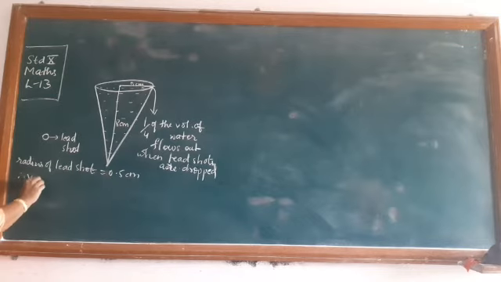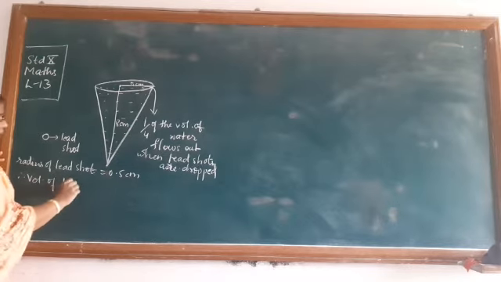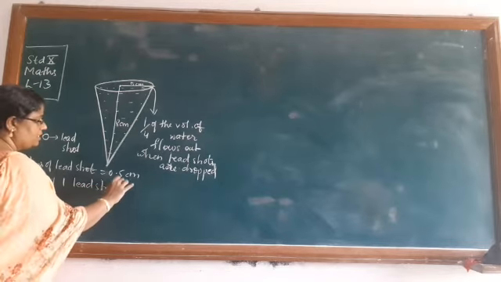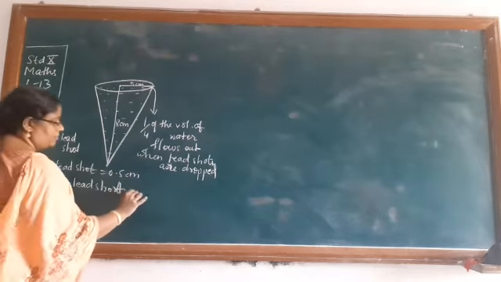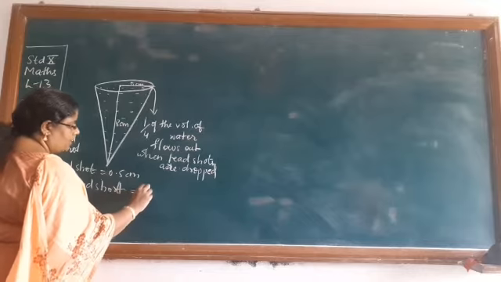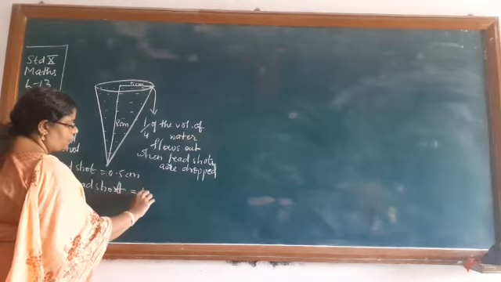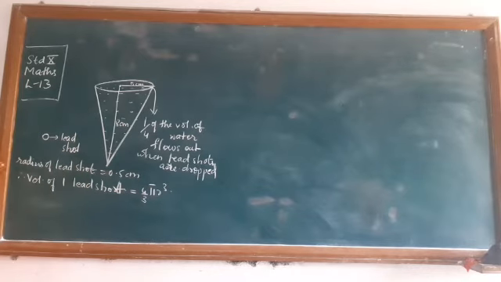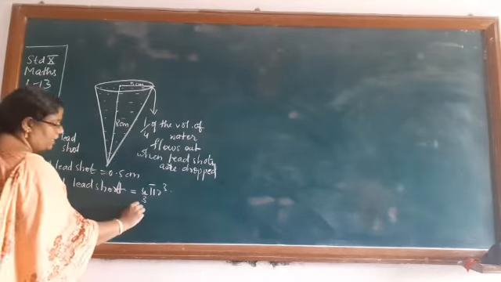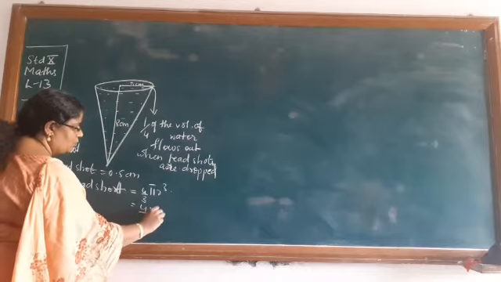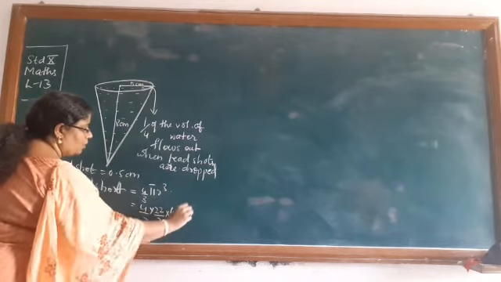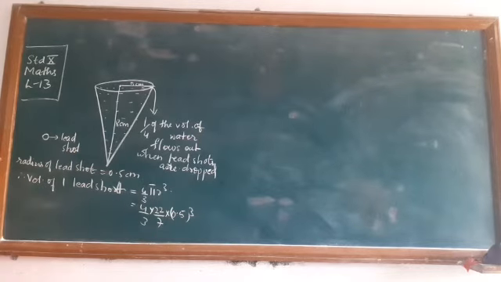Therefore the volume of one lead shot, since it is a spherical solid, we have the volume of the sphere as 4/3 pi r cube. Okay, one lead shot का इतना होगा, that is 4/3 into 22/7 into 0.5 whole cube. ठीक है.